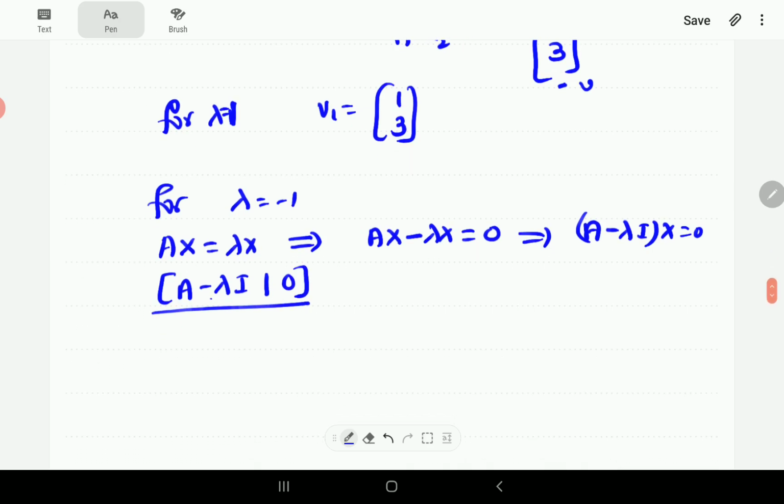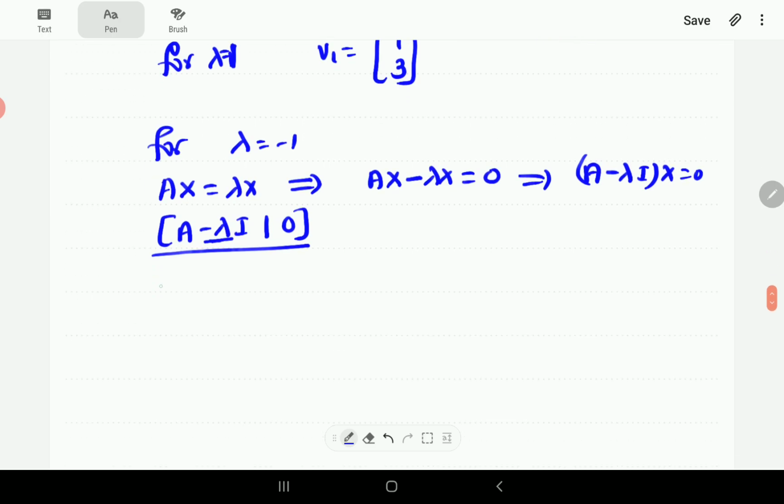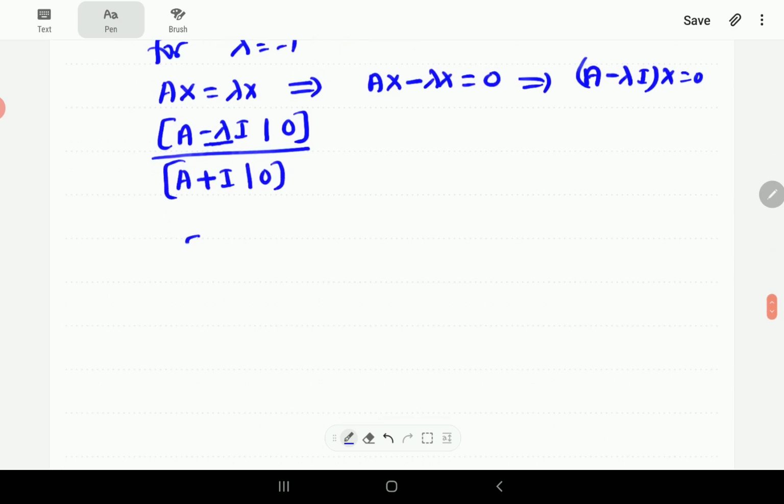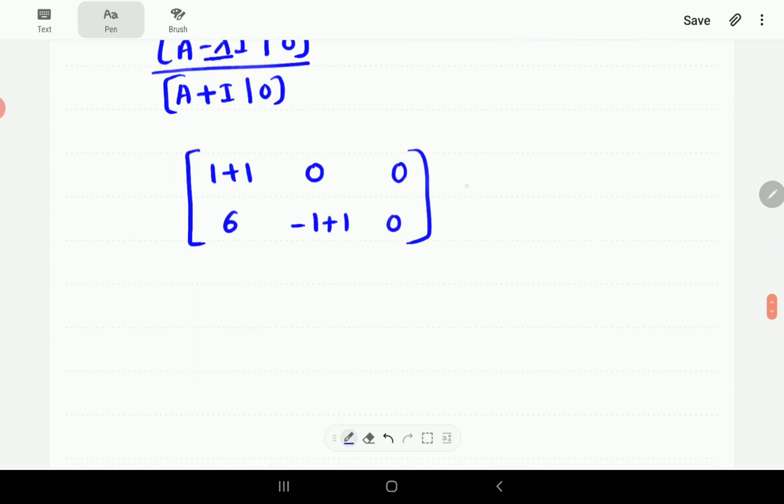So here my lambda is equal to -1. Just put lambda equal to -1, so negative of negative becomes positive, and I augment this with 0. Now the given matrix becomes 1 plus 1, and 0; 6, minus 1 plus 1, 0 and 0. So we get 2 0 0, and 6 0 0.